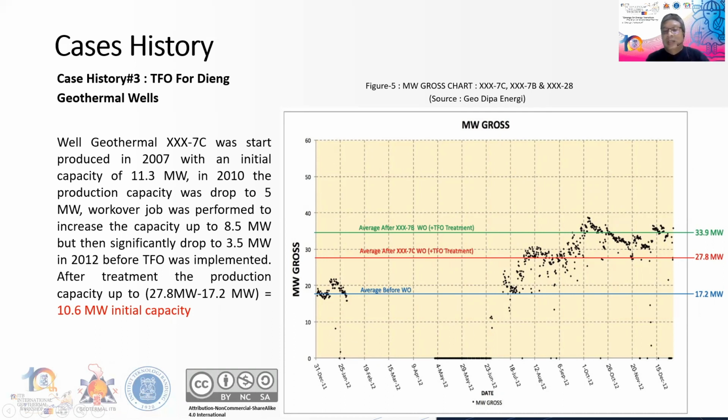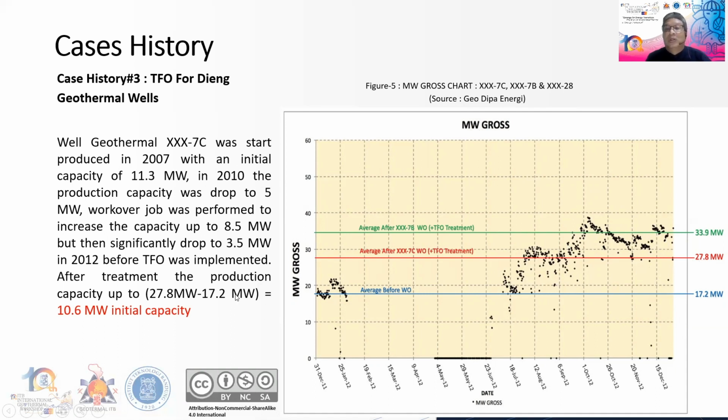We can see this on this table. This table is the total megawatt gross from 3 wells, number 7C, 7B, and 28. When the production dropped to 17.2 megawatt, we did treatment in 7C, and then the production increased to 27.8.